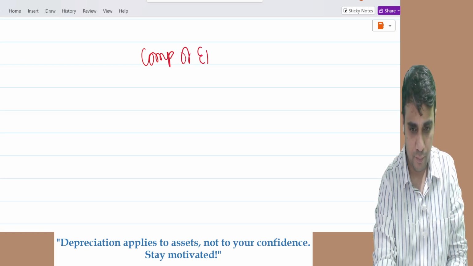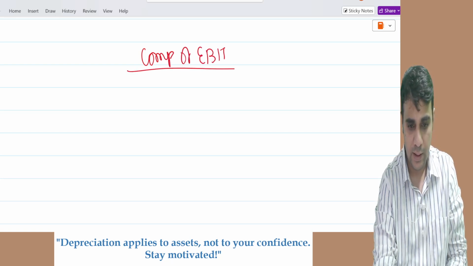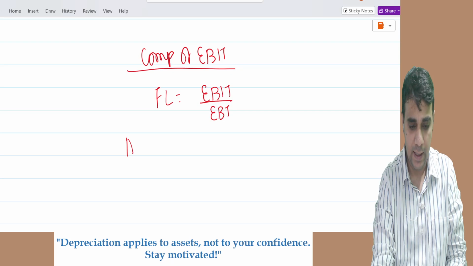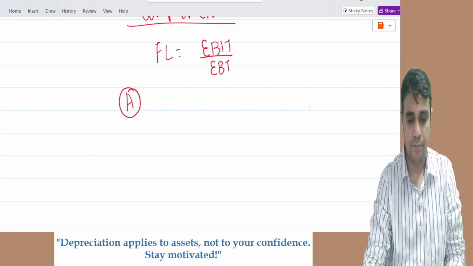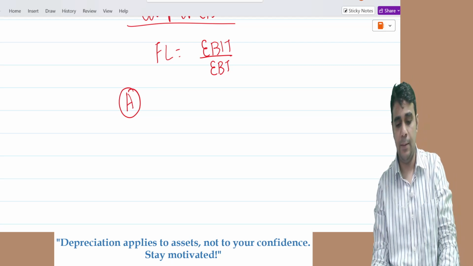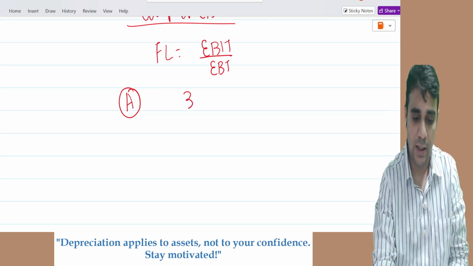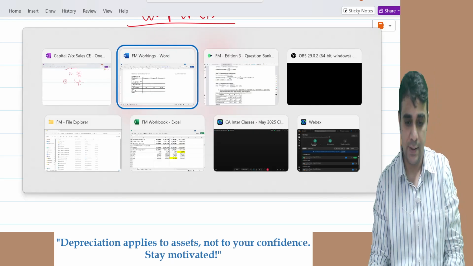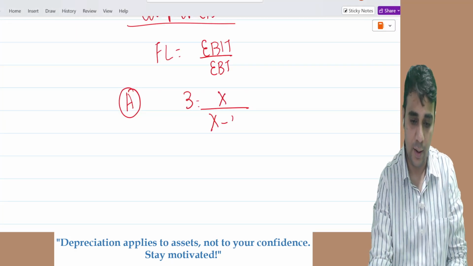FL is equal to EBIT divided by EBT. Company A, what's the FL given for company A? 3 equal to X divided by X minus 200.